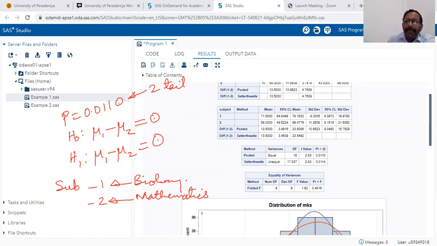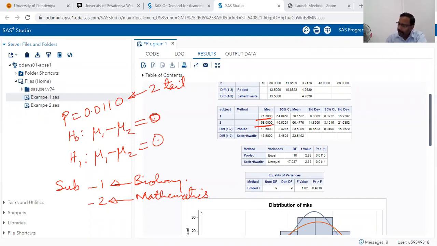So here, if you look at the average score, the average score for biology is 71.5. The average score for mathematics is much lower than biology. Now you see mu1 minus mu2 is equal to 0.